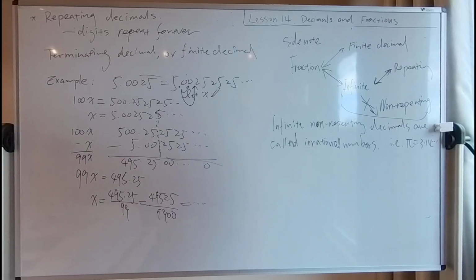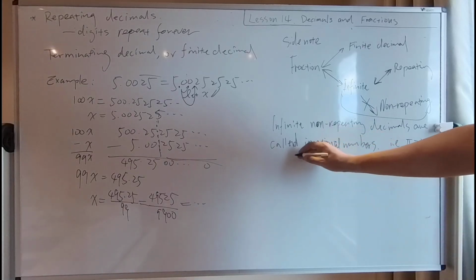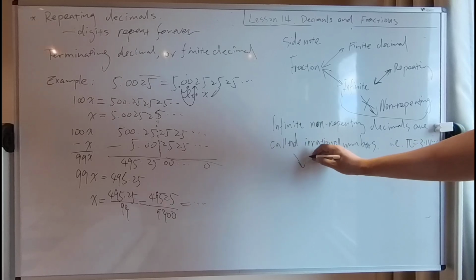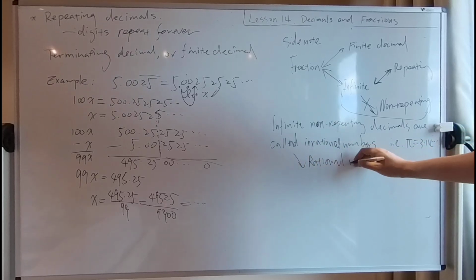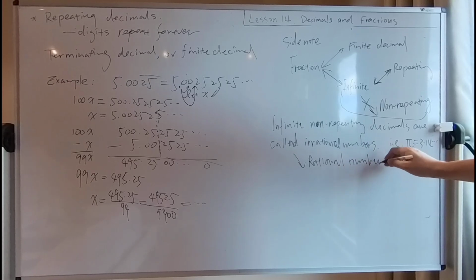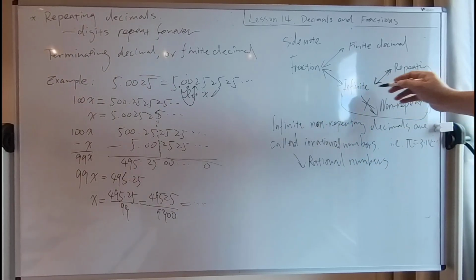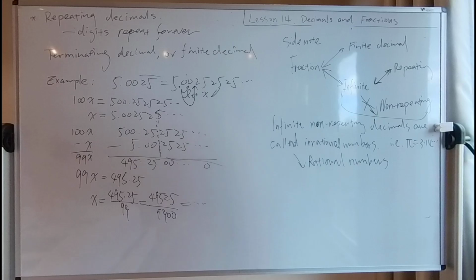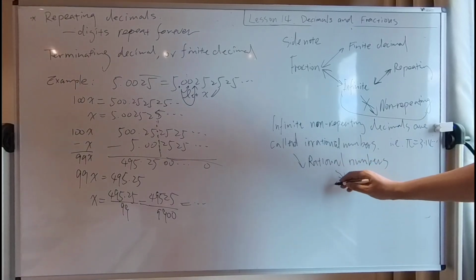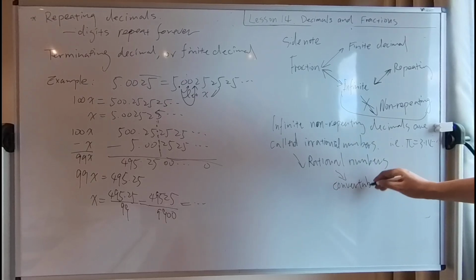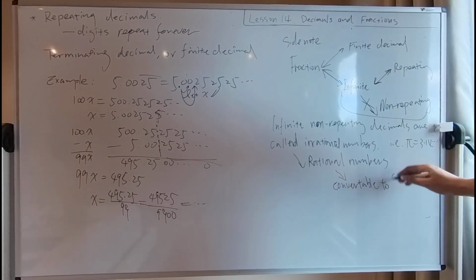Oppositely, the rest of the numbers are rational numbers. Right? Basically, in the other scenarios they are rational numbers, and all rational numbers can be converted to fractions.